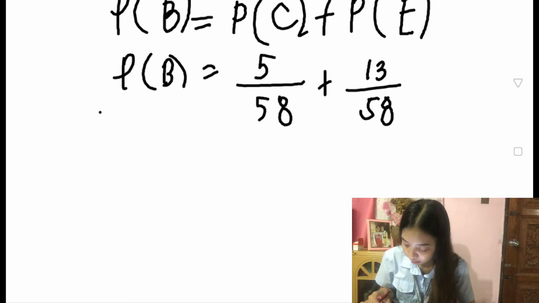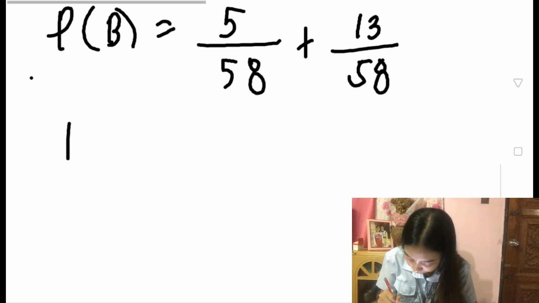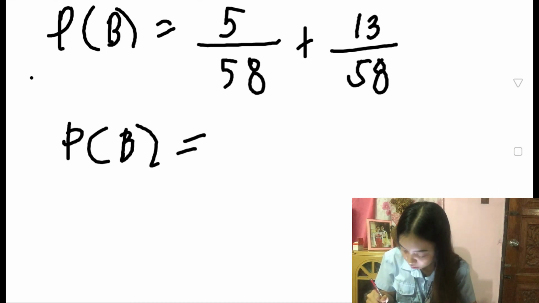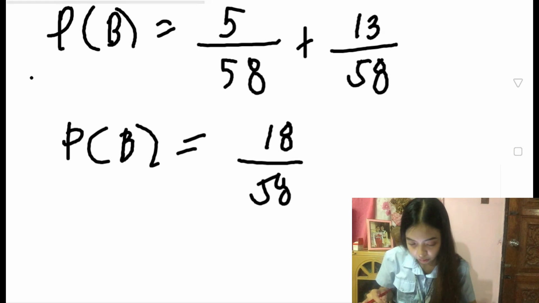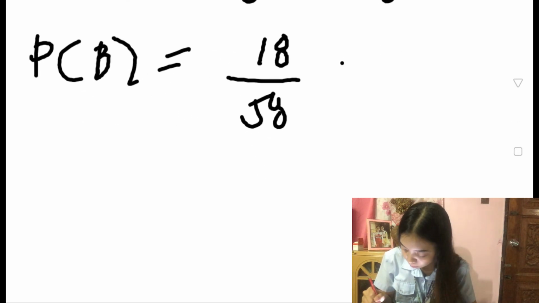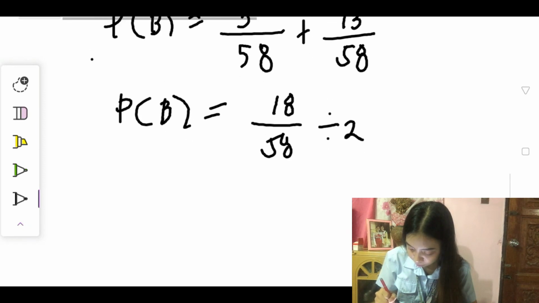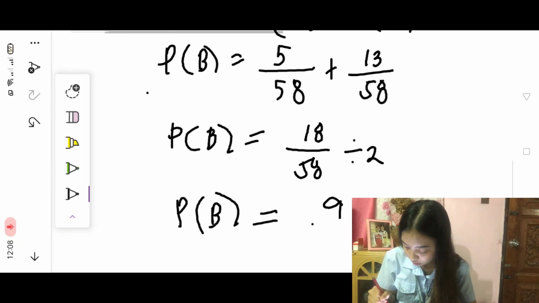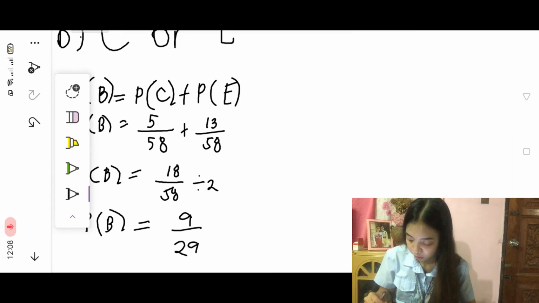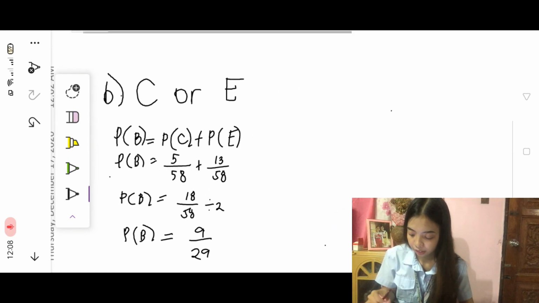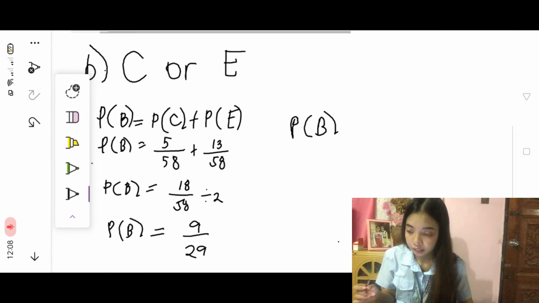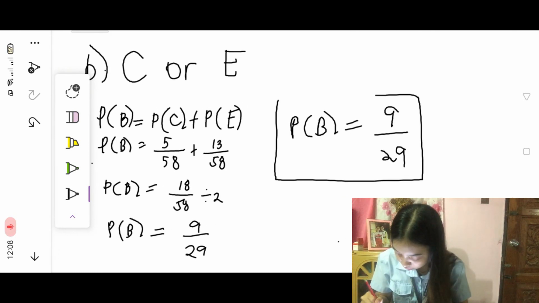If you add them, you will have 18 over 58. Simplifying by 2, you will have 9 over 29. So the answer is 9 over 29.